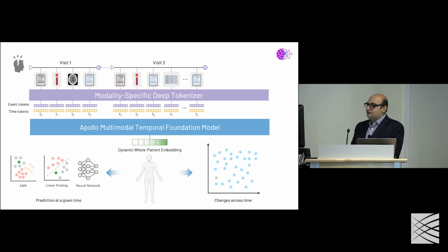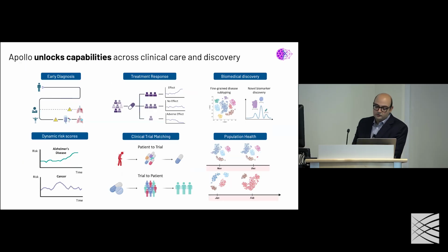So with every visit, your embedding would effectively update, and you would have this change across time recorded, which you can then apply to a host of different downstream applications like early diagnosis, treatment response, biomedical discovery, dynamic risk scores, clinical trial matching, population health, just to name some examples.